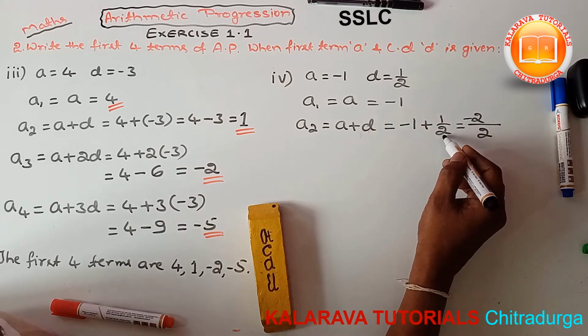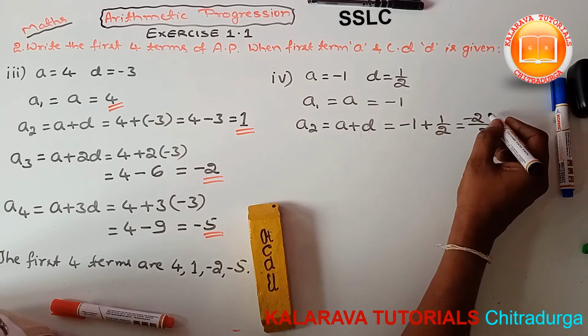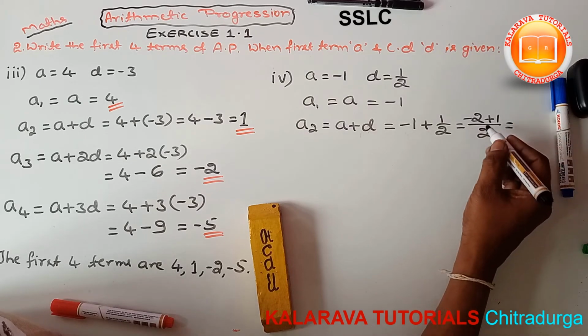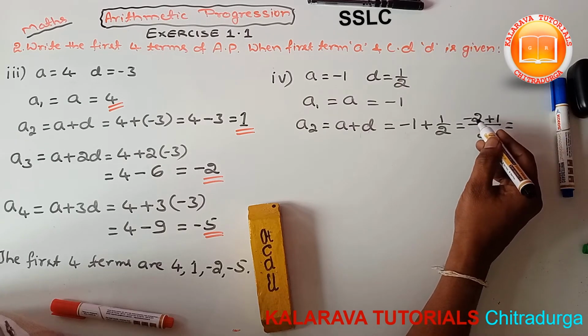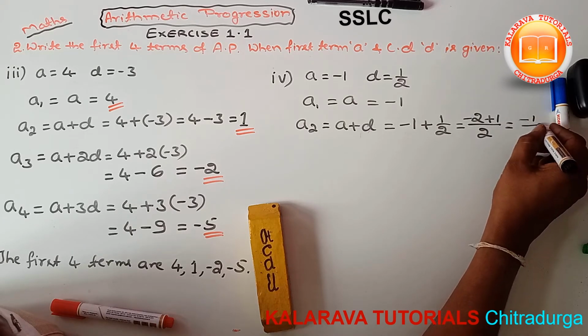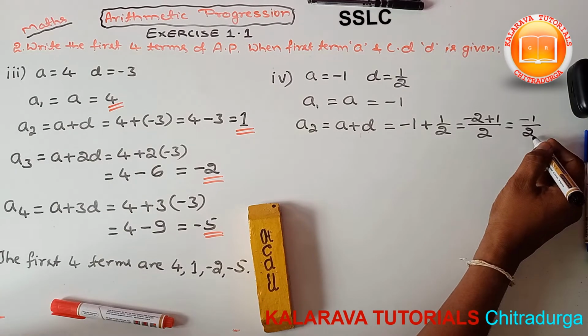Then take the second term. 2 1s are 2, that is 1s divide 1 into 1, that gives you 1 1s are 1. So here you get minus 2 plus 1, that means you have to subtract this, you get minus 1 divided by 2. So this is the second term.